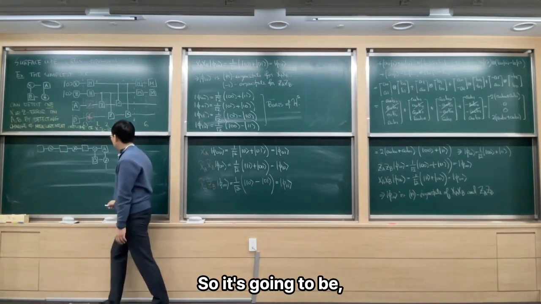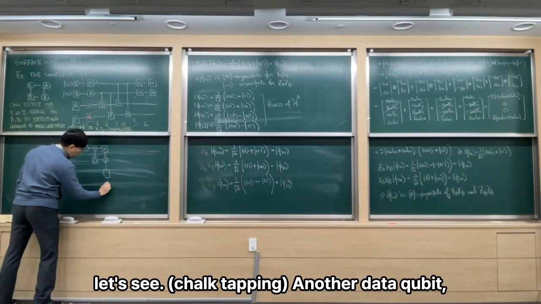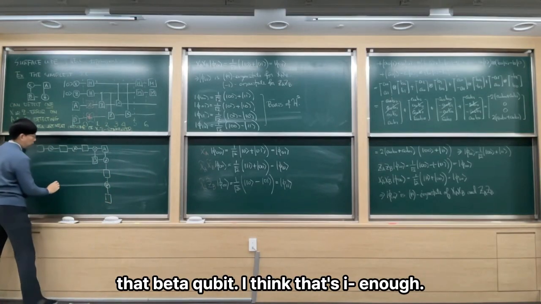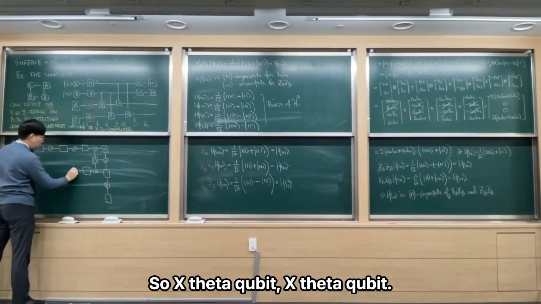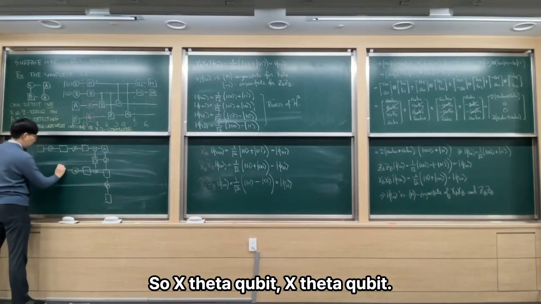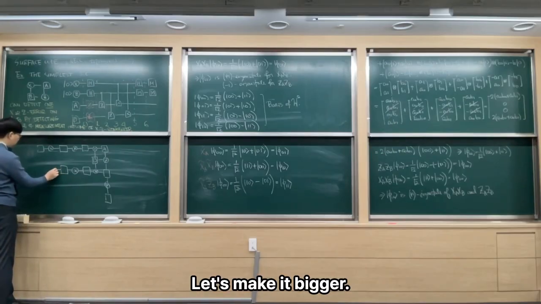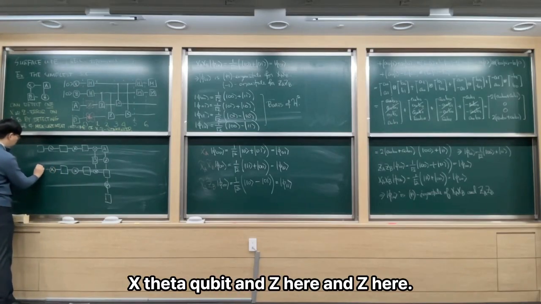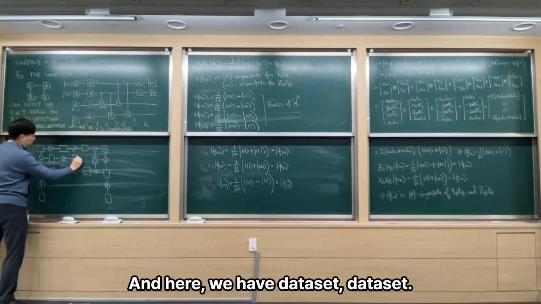Let's see, another data qubit, that data qubit. I think that's enough. So X data qubit, X data qubit. Well, that's bigger. Let's make it bigger. X data qubit, and Z here, and Z here, and here we have data Z, data Z.